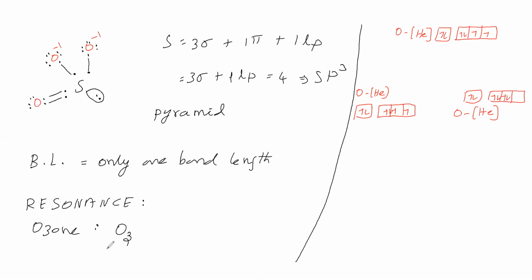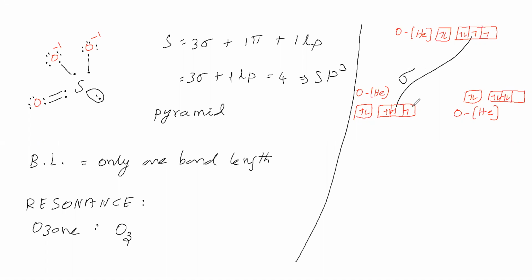Now, this ozone molecule contains 3 oxygen atoms, and we have written the electronic configuration of those 3 oxygen atoms. Now we will go for bonding. This oxygen's unpaired p electron and this oxygen's unpaired electron go for sigma bonding.